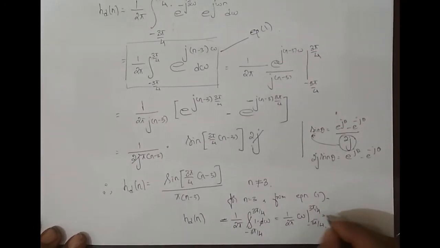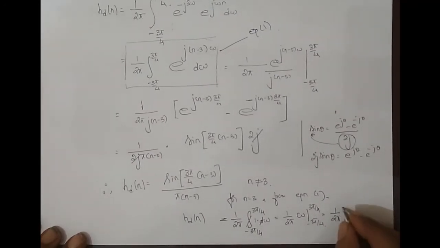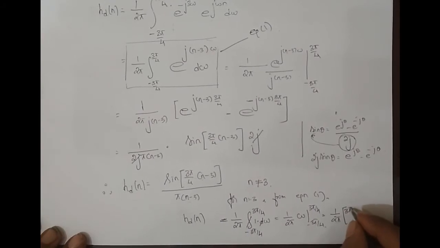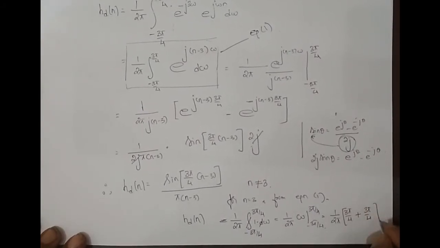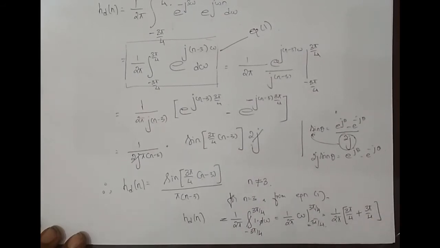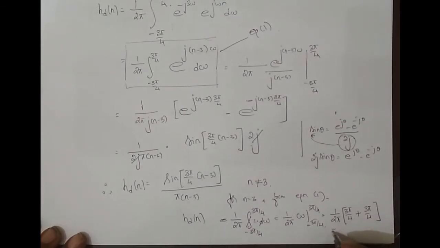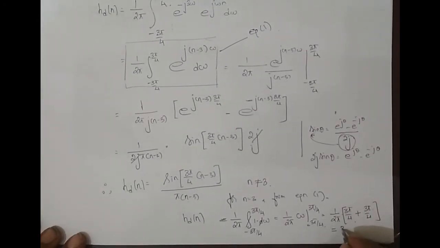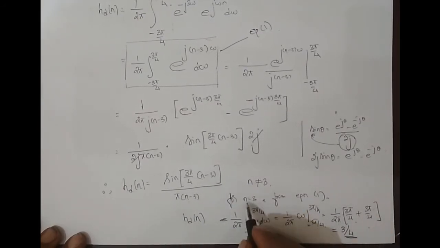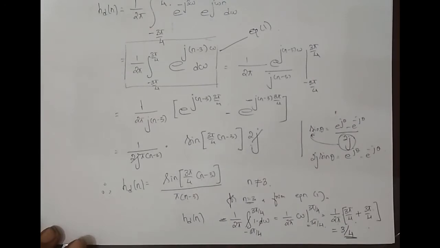So this is equal to 1 by 2 pi into, upper limit is 3 pi by 4 minus lower limit, which is minus 3 pi by 4. So 2 times 3 pi by 4, 2 cancels out, pi cancels out, so I end up with 3 by 4, and this is for n equal to 3.